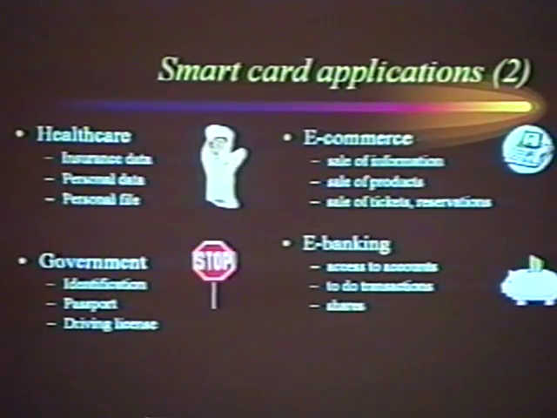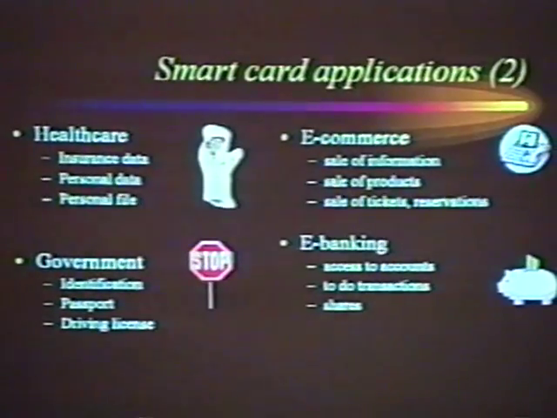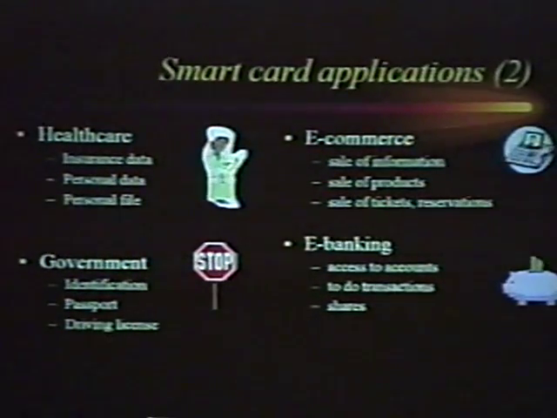If you have a medical card containing your medical records, a doctor can see whether you are allergic or what your medical condition is. Also, governments tend to like smart cards a lot for identification. We all know that passports are easy to copy or easy to make. So electronic passports are appealing to governments.